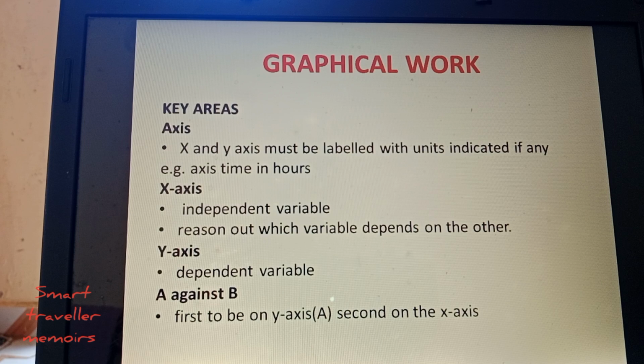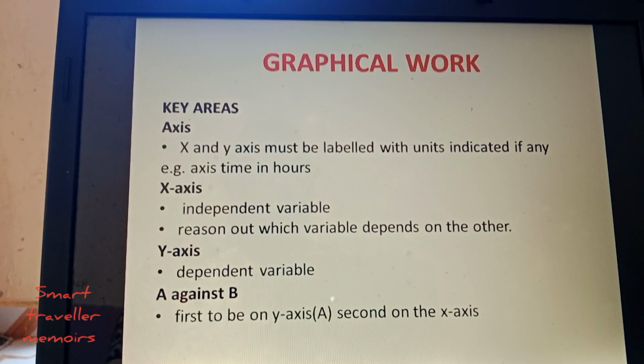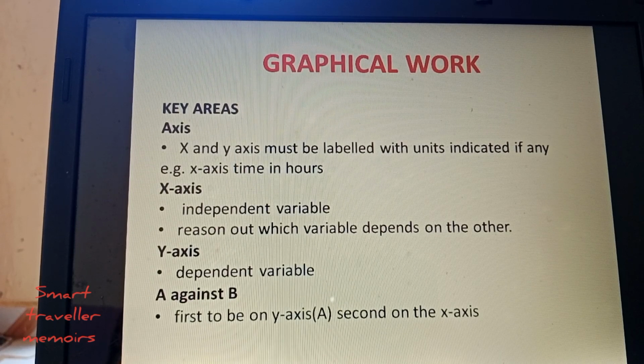The key areas is axis. X and Y axis must be labeled with units indicated if any, e.g. axis time in hours. So you have to indicate the units.